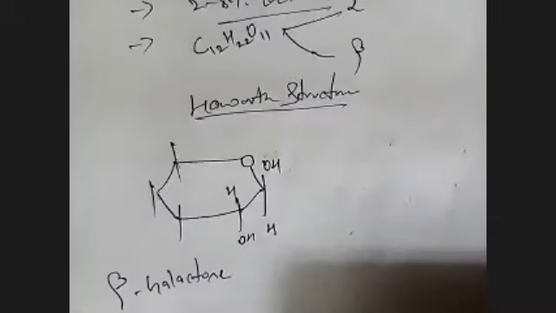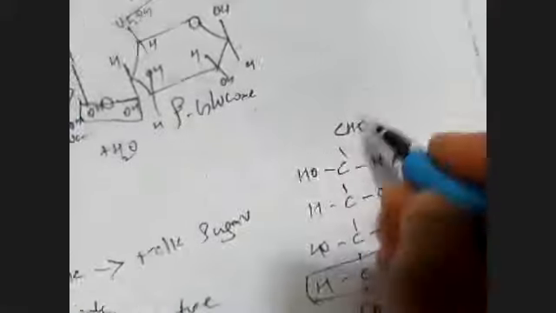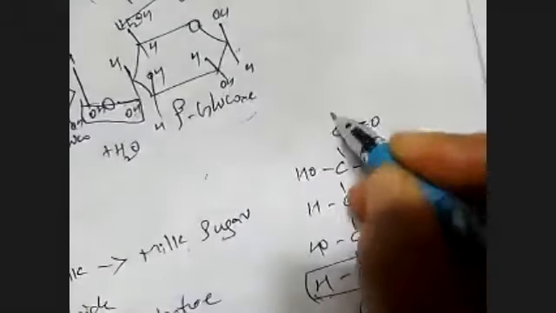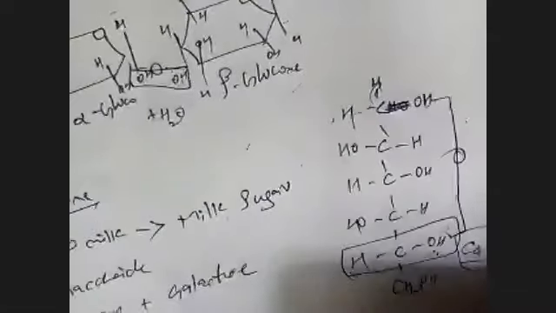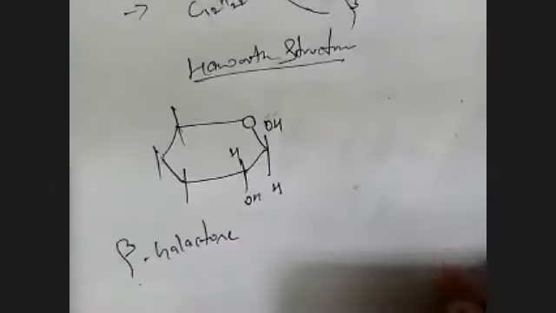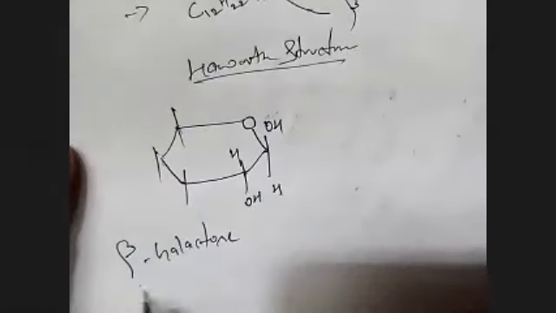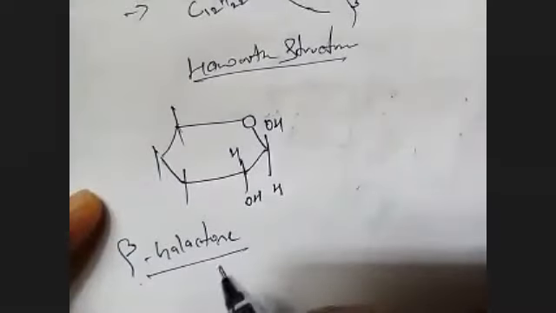If it is reversed, it goes the opposite way after the glycosidic linkage, and that gives you a beta structure. Are you understanding? This is beta galactose I'm writing here.